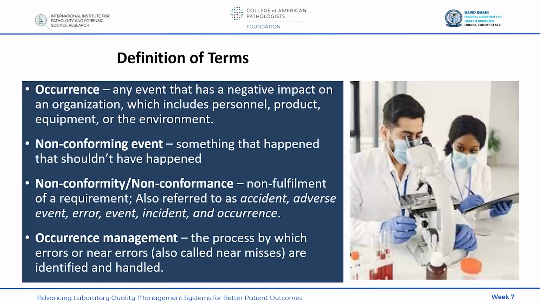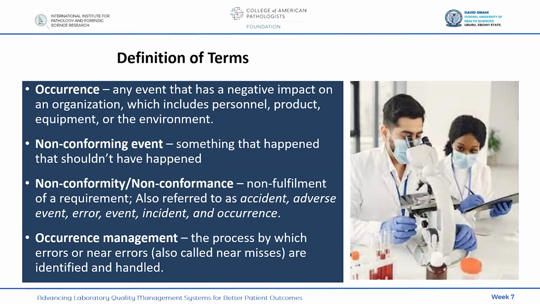Okay, so before we go ahead, it's important for us to be able to understand certain terminologies. What is occurrence? Occurrence is any event that has a negative impact on an organization, which includes personnel, products, equipment, or the environment. The environment means everything around us, okay, within the laboratory. Okay, then what is non-conforming events, which you always come across in the course of this lecture series today?